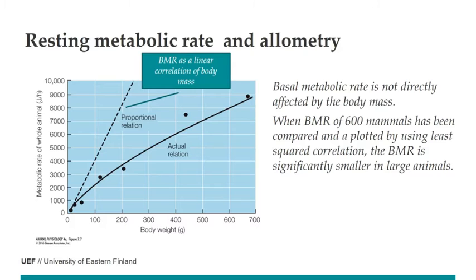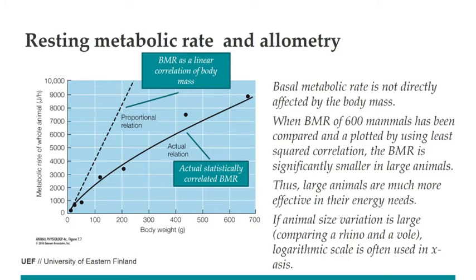If a 10 gram animal used a certain energy per hour, then a 20 gram animal would use twice as much, and there would be a linear correlation. But the actual statistically correlated basal metabolic rate is significantly lower. So larger animals are more efficient.